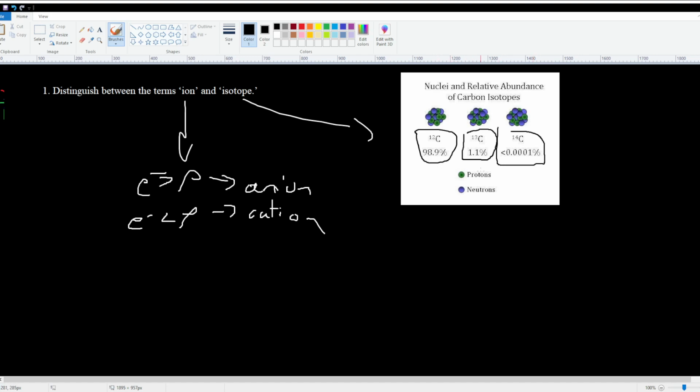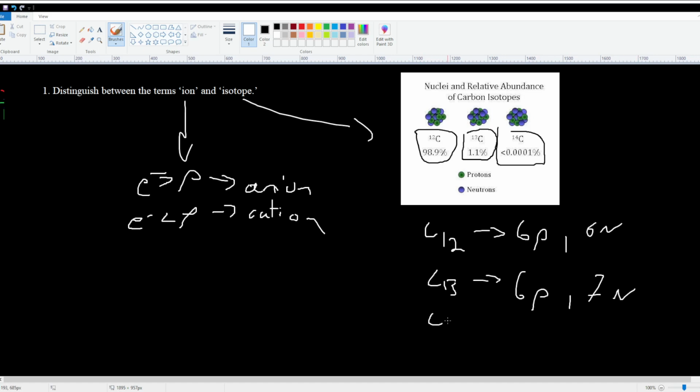What makes these different is the number of neutrons. Carbon 12 has 6 protons and 6 neutrons, carbon 13 has 6 protons and 7 neutrons, and carbon 14 has 6 protons and 8 neutrons.